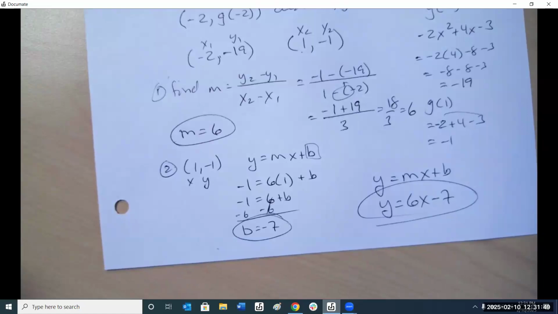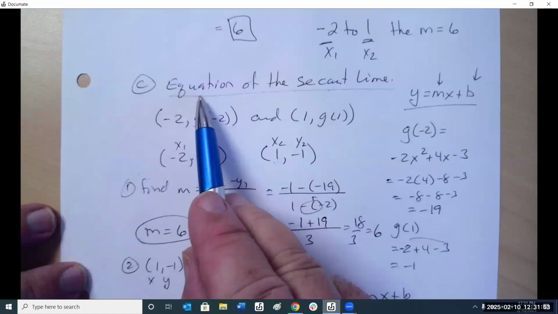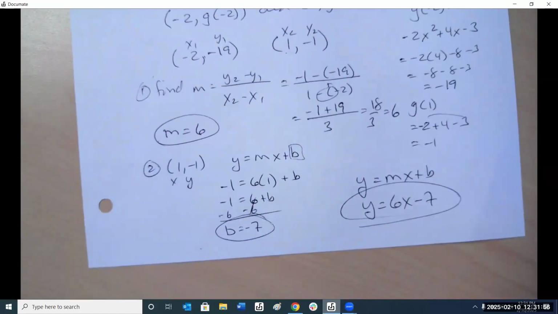Brings back memories from algebra. It's just they put different names to it. Equations of a secant line. The secant line is just a line connecting 2 points on a graph. So there you have it.